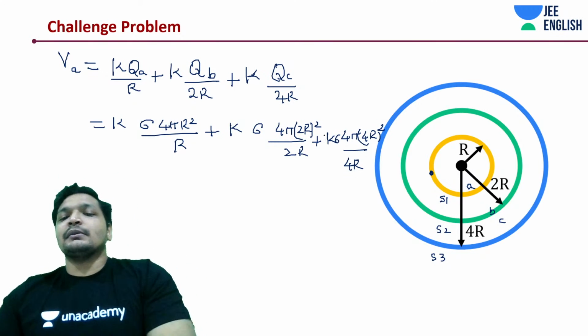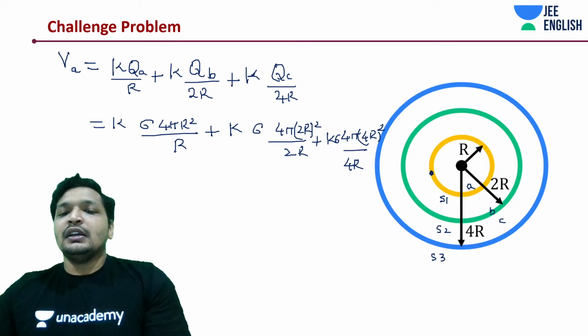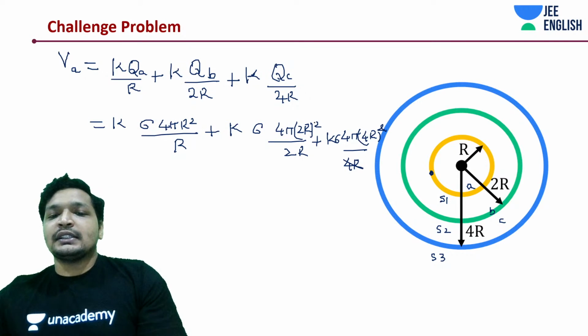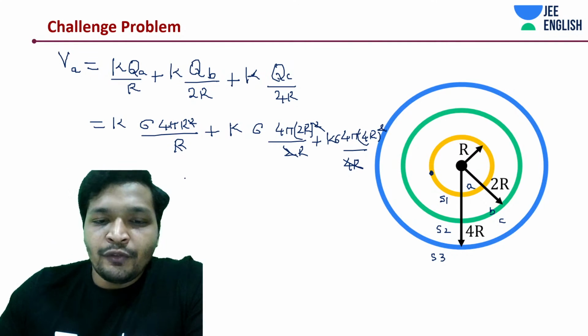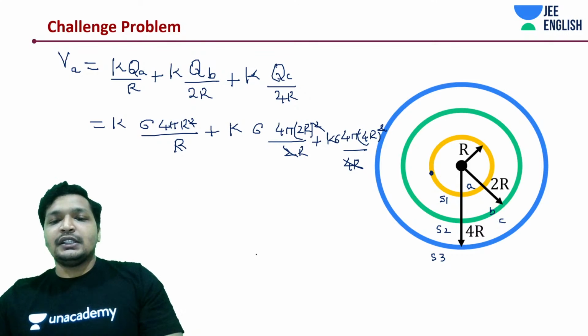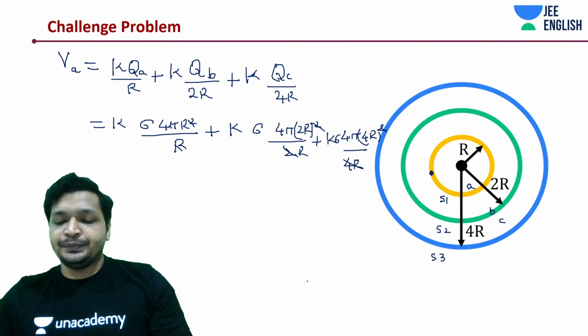If you notice, k sigma can be taken out as common, and 4R gets cancelled, 2R gets cancelled, R gets cancelled. Let me write it down over here.